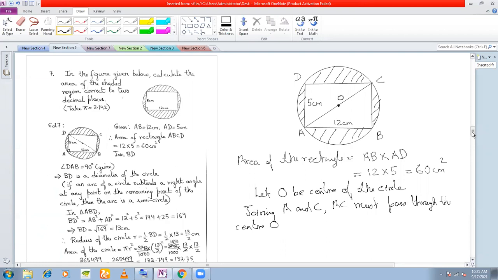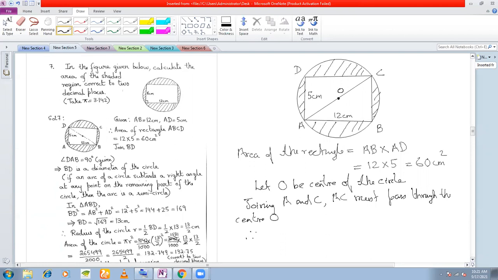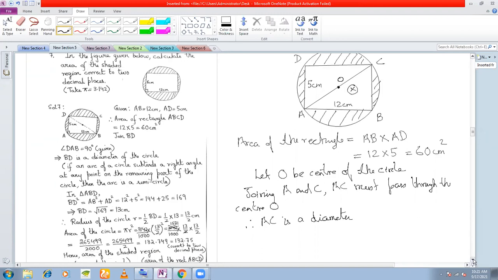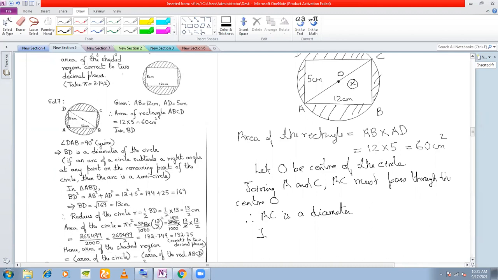So AC becomes our diameter. So therefore AC is a diameter. Okay. How do you calculate the diameter? By Pythagoras theorem, you can calculate. You can consider this right angle triangle here, and diameter becomes your hypotenuse. So you can apply Pythagoras theorem in this. Let's apply Pythagoras theorem in triangle ABC.